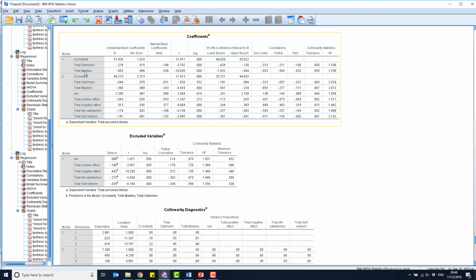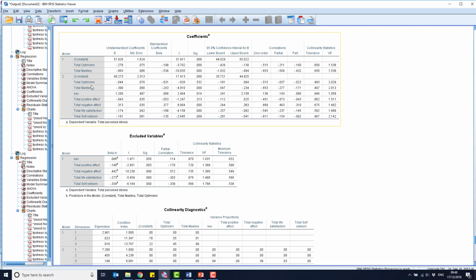If we look at the original model, then optimism is statistically significant and mastery is statistically significant. But when we combine everything else, optimism stops being statistically significant, although mastery remains statistically significant. So what this suggests is that optimism is related, but there's a certain amount of overlap with the other variables, so that when you account for those, its unique ability to predict perceived stress reduces. That in itself is useful.